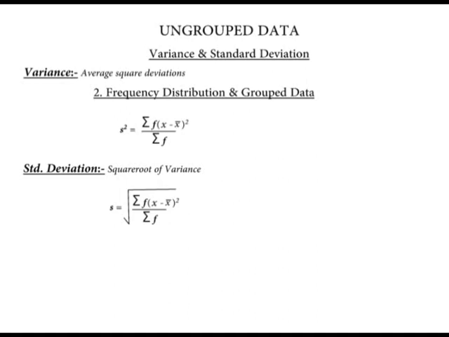We can simplify the variance formula to variance is equal to summation of fx squared over summation of f minus mean squared, which makes the standard deviation formula to be the square root of summation of fx squared over the summation of f minus mean squared. In each case, remember that mean is equal to summation of fx over the summation of frequency.